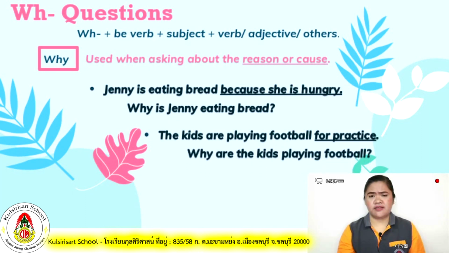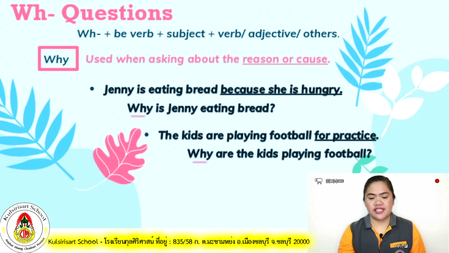Why are the kids playing football? And the answer for that is for them to have practice, or for practice. We ask the reason why they do such a thing. So we have because she is hungry and for practice.